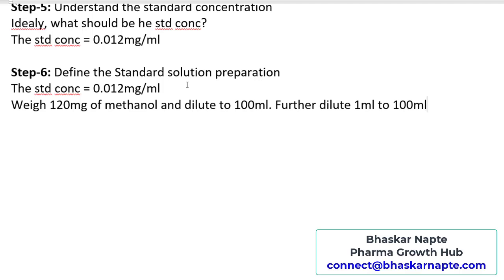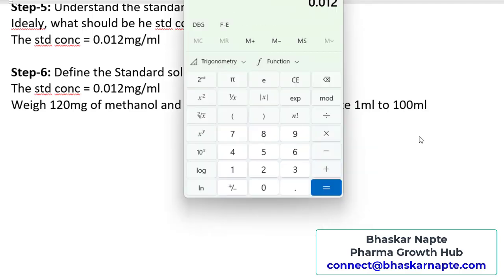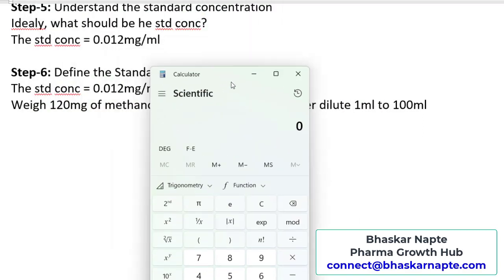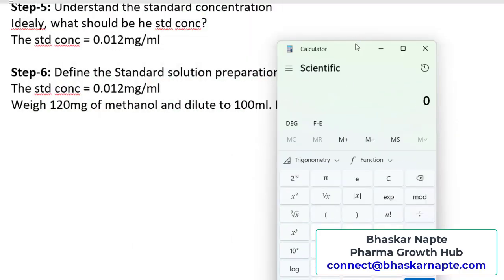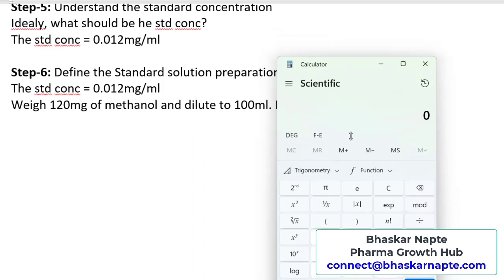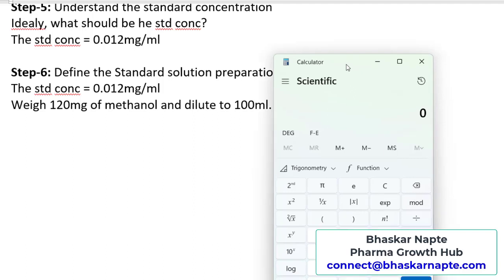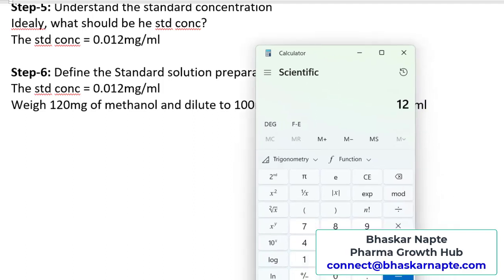So how much concentration am I getting? Let me confirm whether I am able to achieve 0.012 mg per ml or not. I have taken 120 mg of methanol diluted to 100 ml.